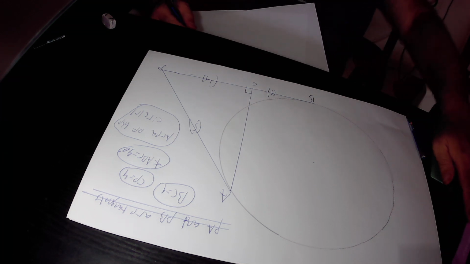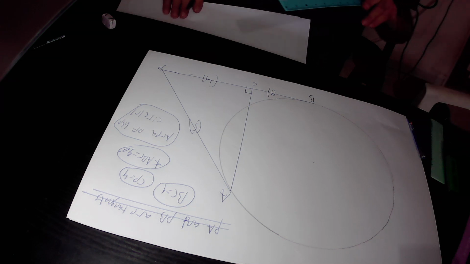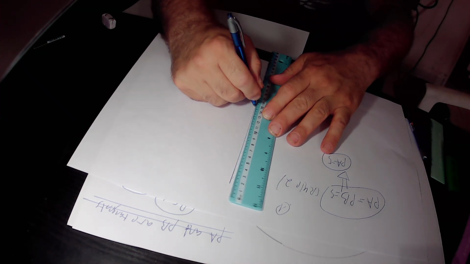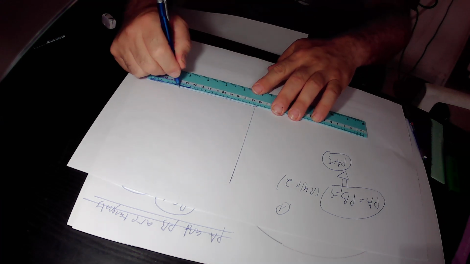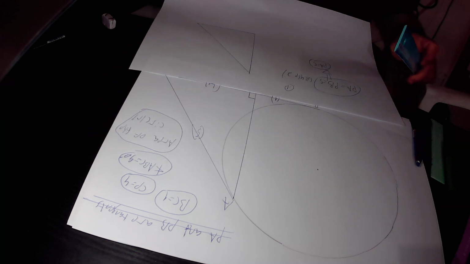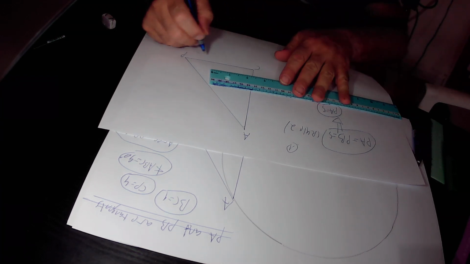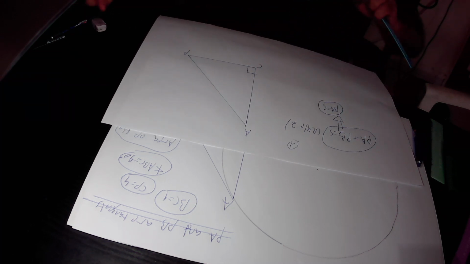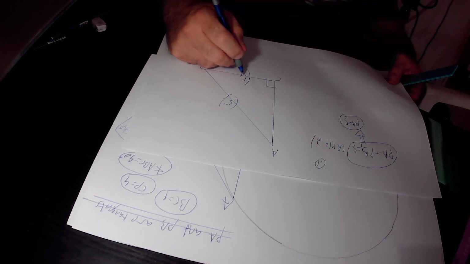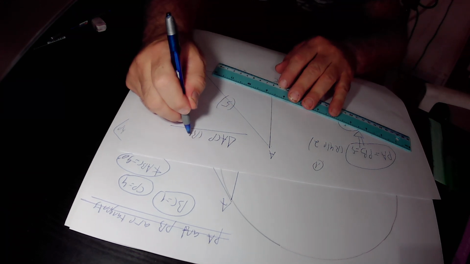According to the Pythagoras theorem, in any right triangle, the square of the hypotenuse equals the sum of the squares of the perpendiculars. So here is the relation for the Pythagoras theorem.